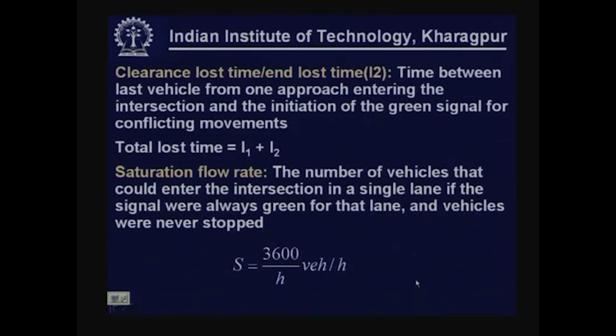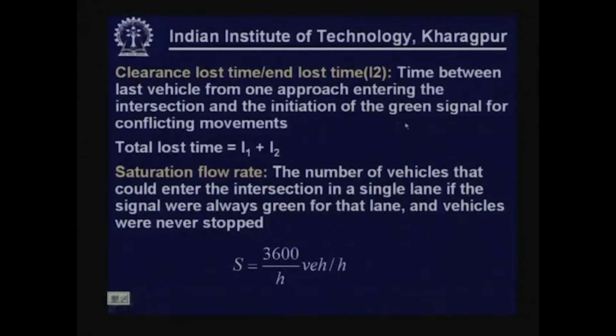Now, there is also a clearance lost time or end lost time, that is defined as the time between the last vehicle from one approach entering the intersection, just as it becomes red, and the initiation of green signal for the conflicting movement.